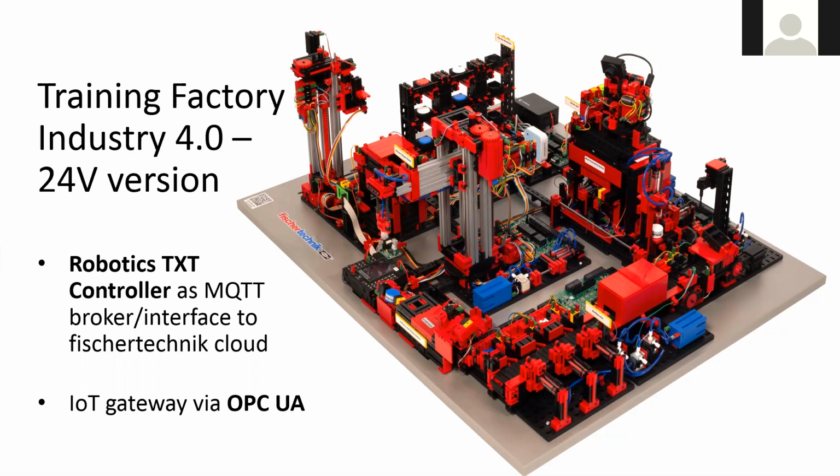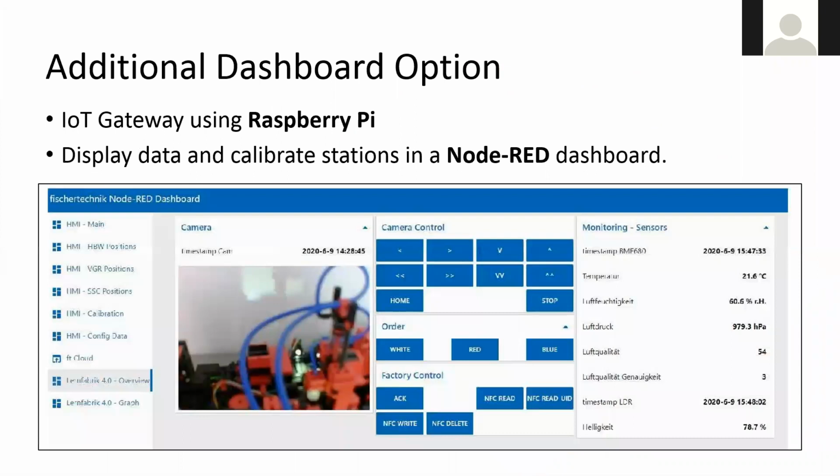Communication between the PLC and the TXT controller is carried out using an IoT gateway via OPC UA. OPC UA, which is also known as OPC Unified Architecture, is a standard for exchanging data across different platforms. In addition to the TXT controller used here, there is also an IoT gateway using Raspberry Pi with Node-RED.